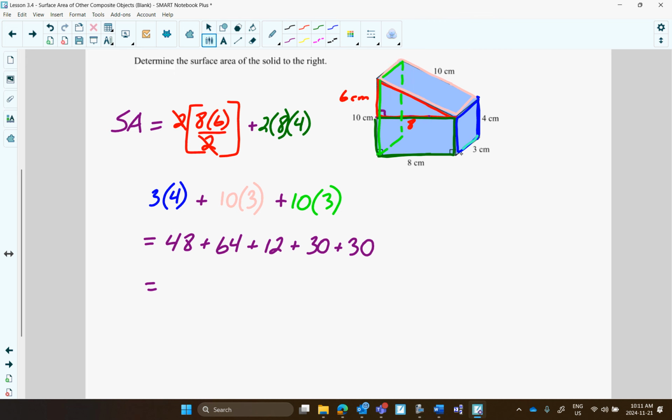Good call. That's what? 8 times 3. So we just need to add that. So plus 24. So I am 208 centimeters squared. Well done.